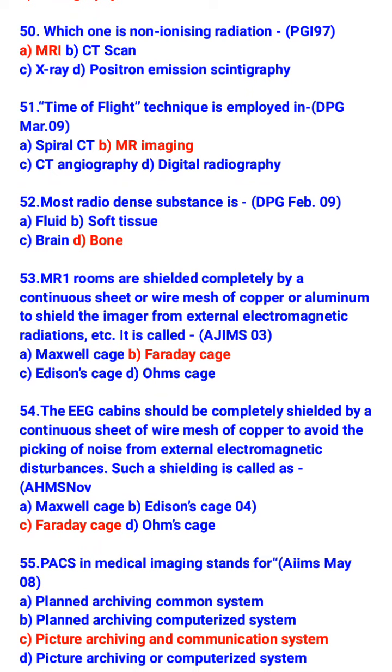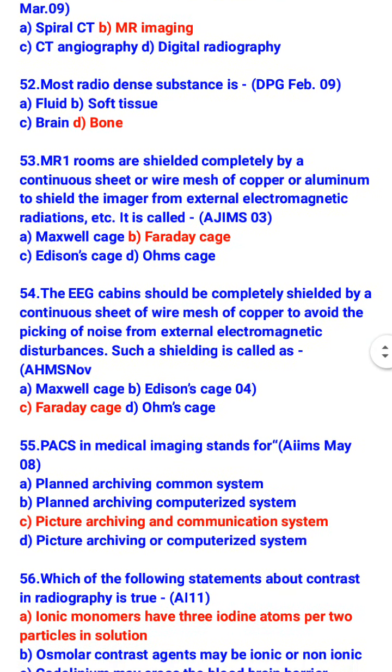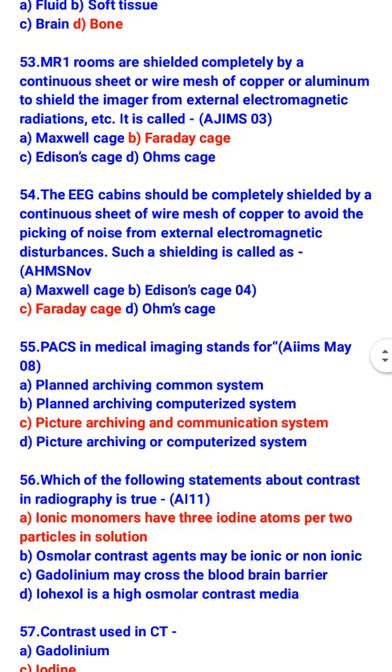It is called a Faraday cage. The EEG cabins should be completely shielded by a continuous sheet of wire mesh of copper to avoid the picking up of noise from external electromagnetic disturbances. Such a shielding is called a Faraday cage.